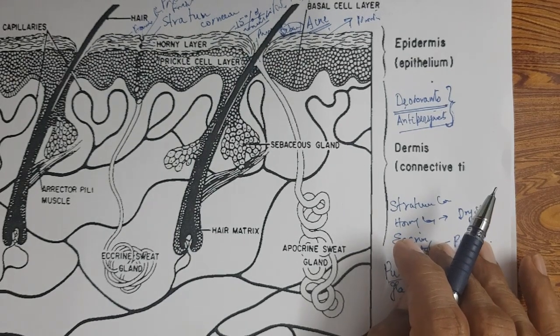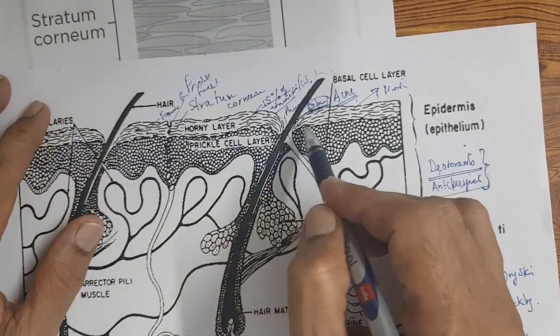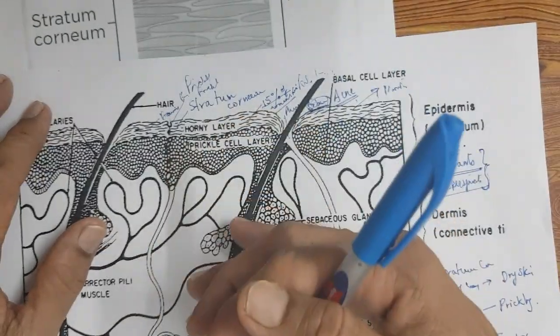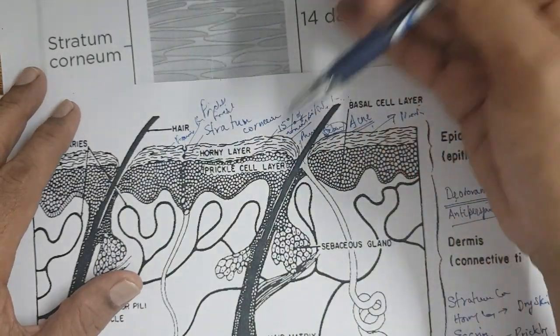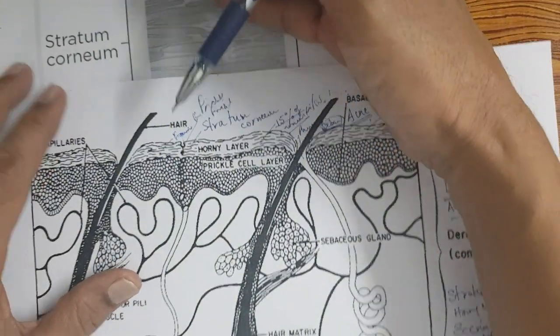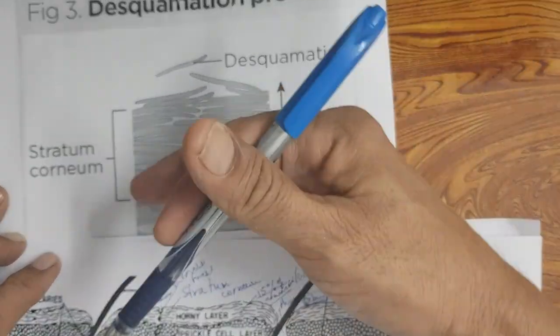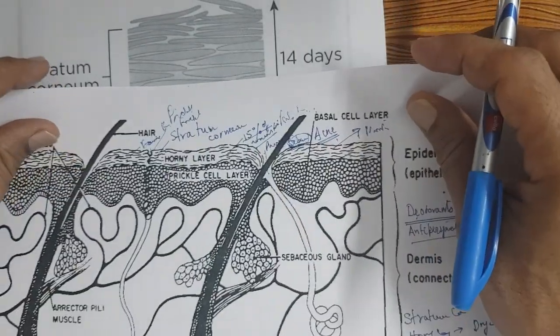Now I want to show you how this horny layer works. The skin is always dynamic: the old cells desquamate and come out, and new cells continue to form.